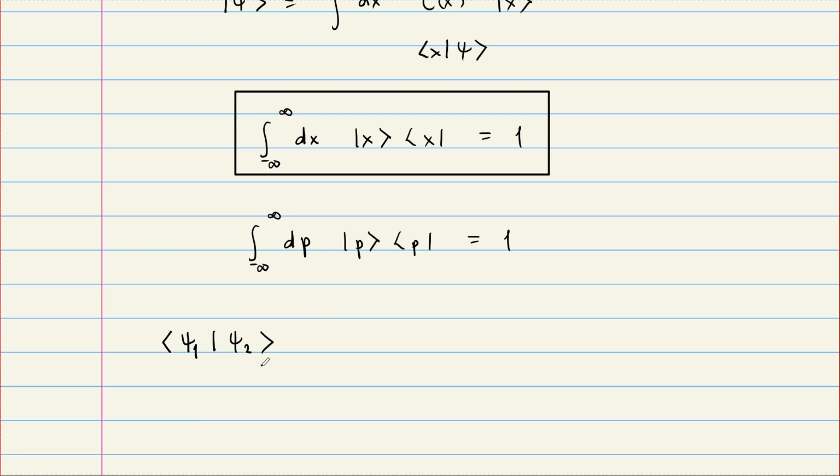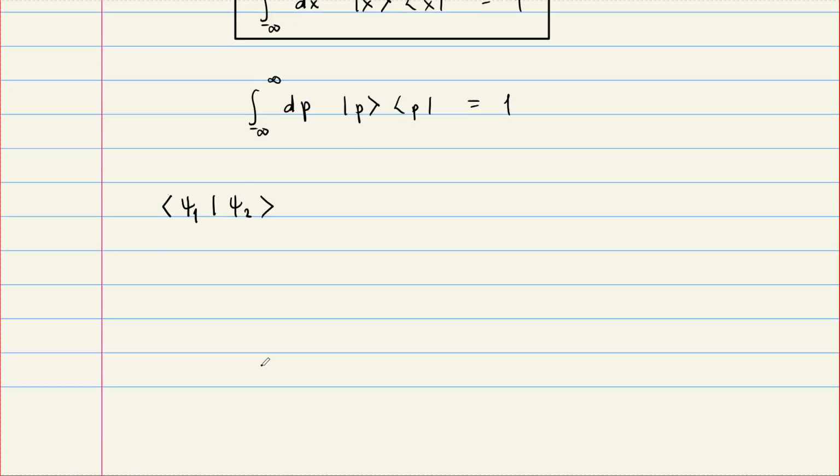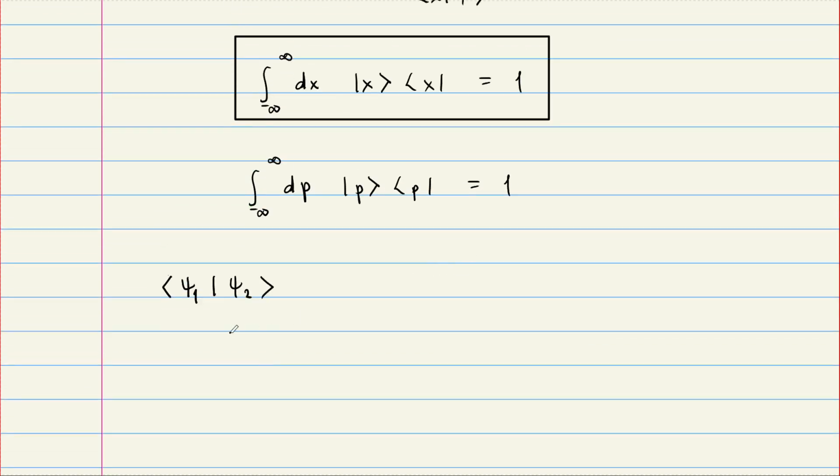I can write it in any basis I want by using these completeness relations. I can just insert a unity of any kind I want. For example, let's insert unity in the x space. The unity is the unity, but we can choose how to express it.